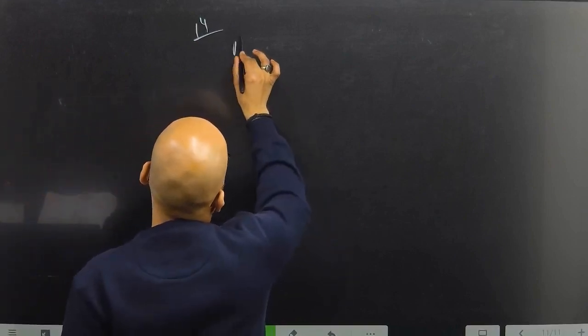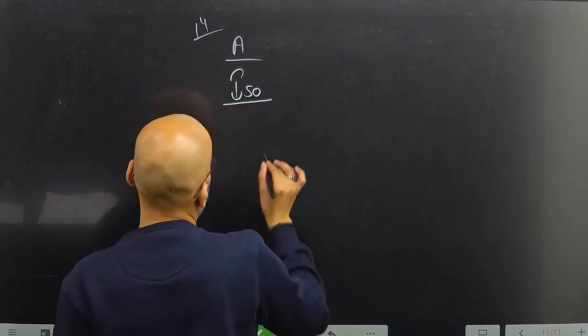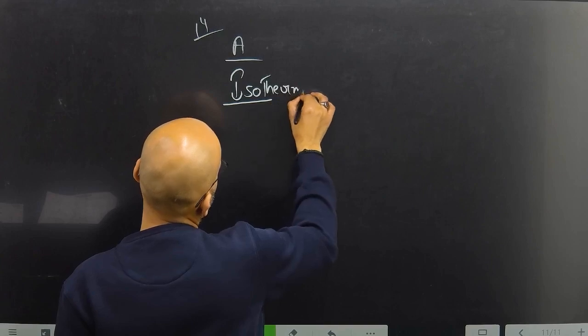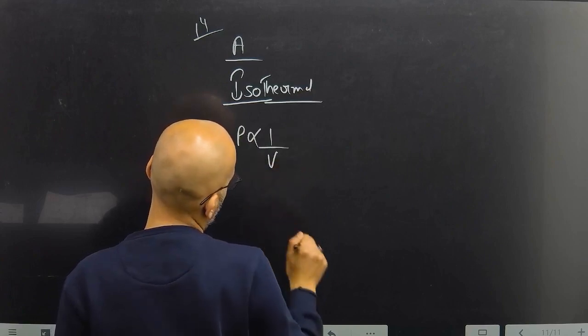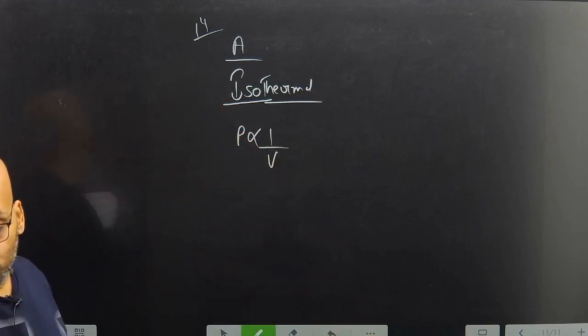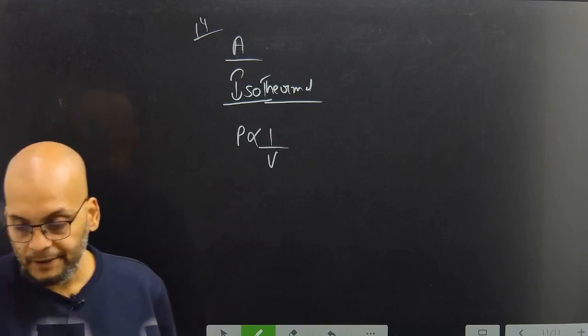The gas in container A is compressed to half of its original volume isothermally. For isothermal, we know pressure is inversely proportional to volume. So the gas is compressed to half of the original volume, that means pressure is getting doubled.